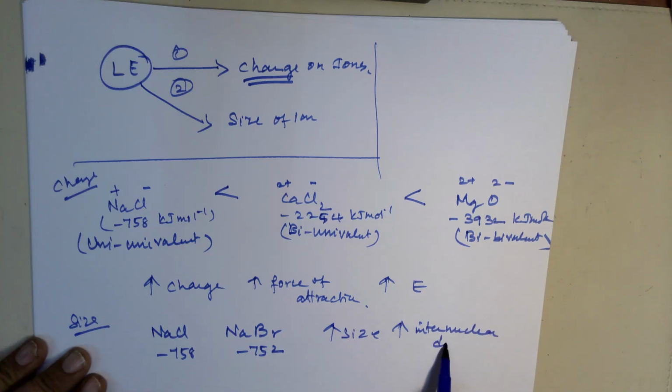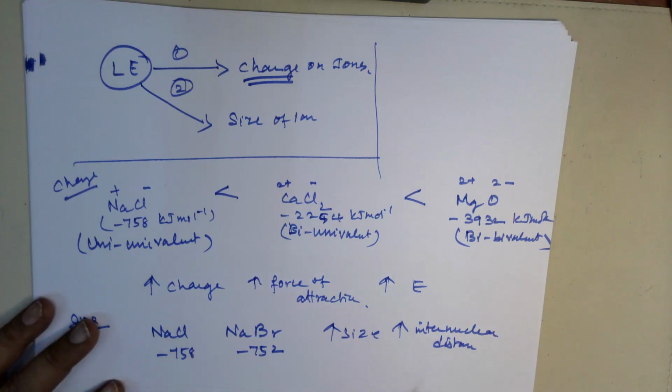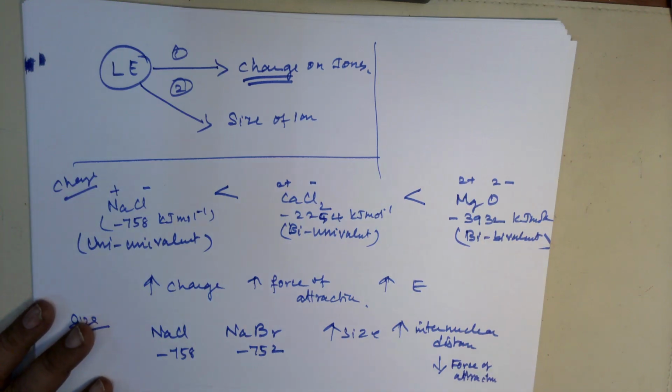And when the internuclear distance is larger, it is easy to remove the ions, is it not? So lower will be the force of attraction. Okay, take down the force of attraction. So lesser will be the lattice energy.